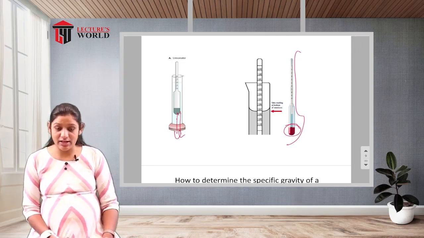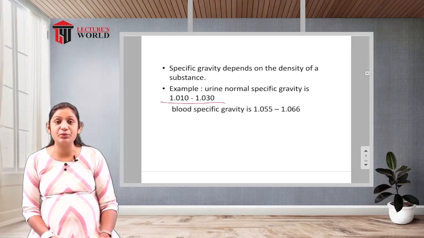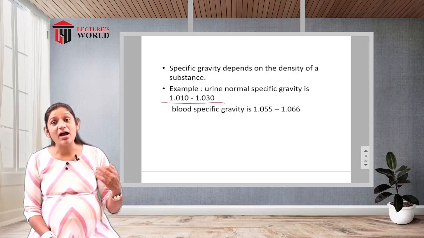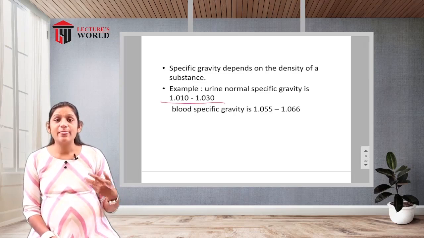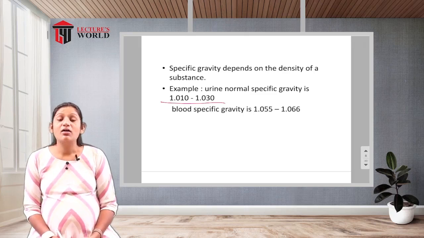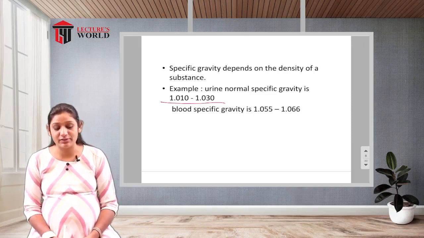If the reading is higher, it means that minerals and calculi are present in a higher amount in the urine. This is called the specific gravity.